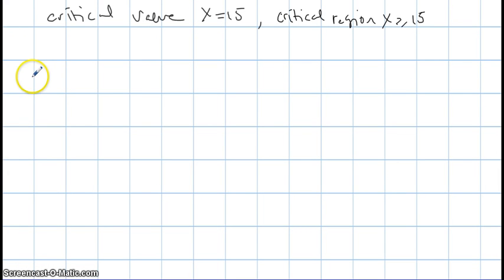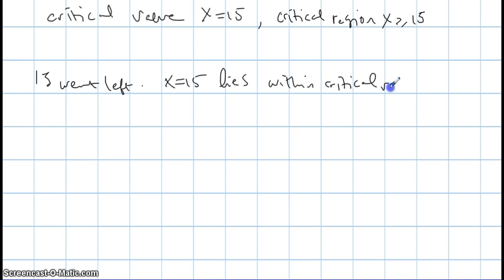So x equals 15 lies in the critical region, and therefore we reject H0.